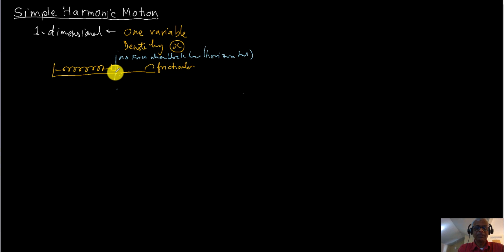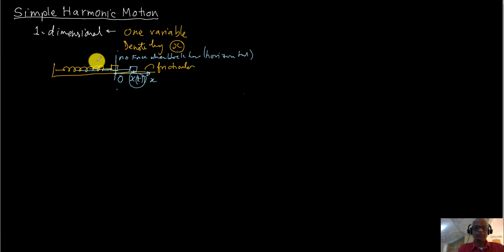If you call this position the origin of the coordinate system, and this side, where it extends, is positive X, then at some point this spring is stretched all the way here, and the coordinate of this point is x of t. So this is the variable in this situation.